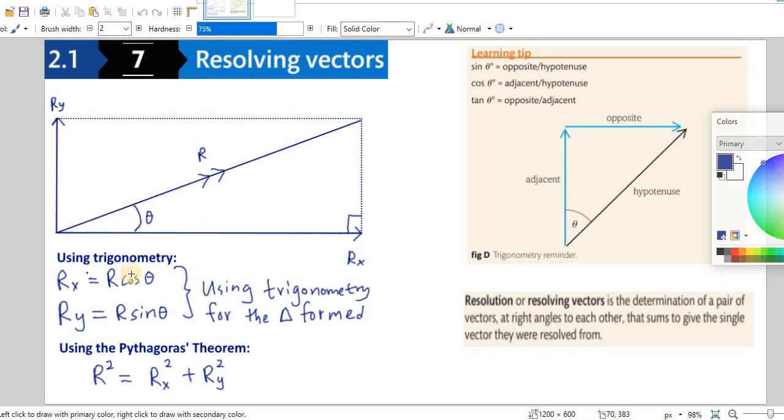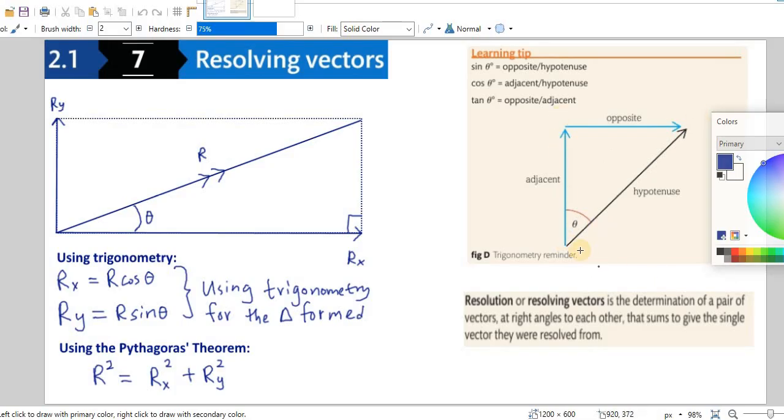Okay, using trigonometry, we can see that rx is equal to r cosine theta, because we consider this right angle triangle. Now for trigonometry you have learned about this. So sine is opposite over hypotenuse, cosine is adjacent over hypotenuse, and tan is opposite over adjacent.